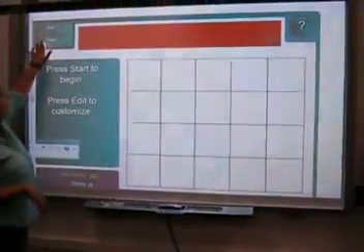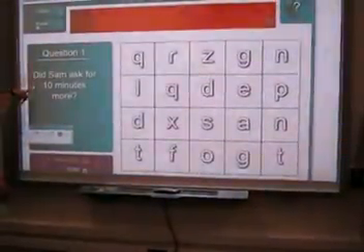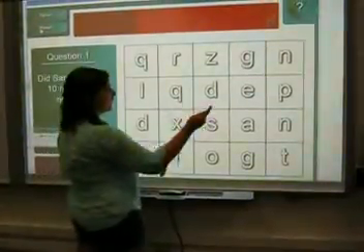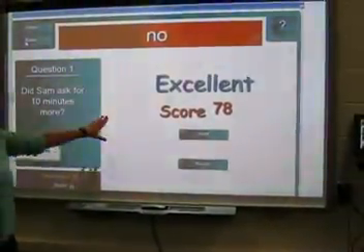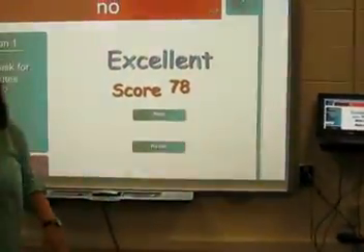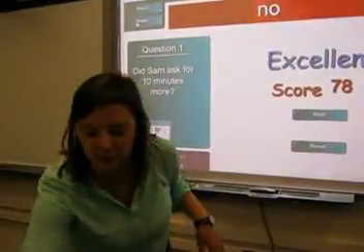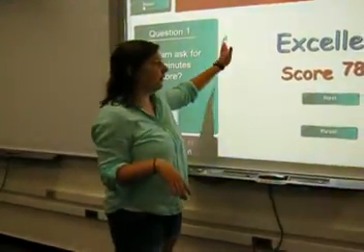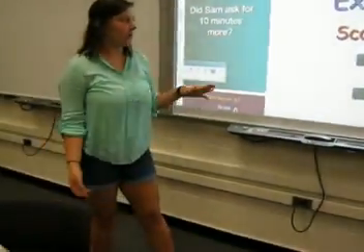In this one, the teacher would press start, and a question comes up: Did Sam ask for 10 minutes more? The answer to this question is no. You would find the letters in the little maze, but for students that would not be able to physically do that, they could press no on their Big Mac, and then the teacher could come up here and find the answer.